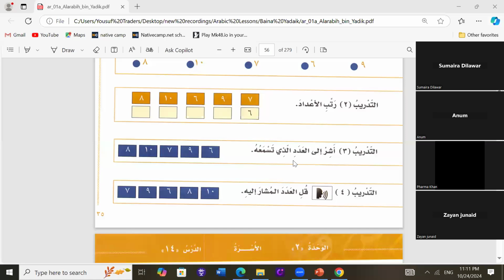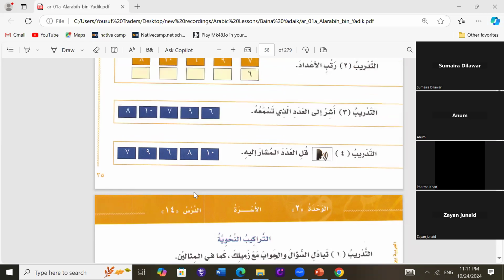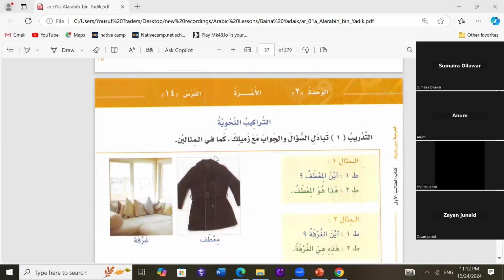You can do the practice in your practice session, where one person can say the number and the other person can tell which number is being called. Likewise, kullu al-adad al-mushar ilayhi. You can say the numbers in arrangement or randomly for learning. Like you can say sitta, where is sitta here? This is sab'a, this is thamaniya, tis'a, ashara, like this.